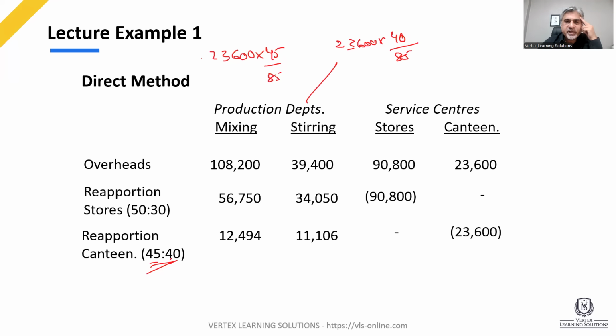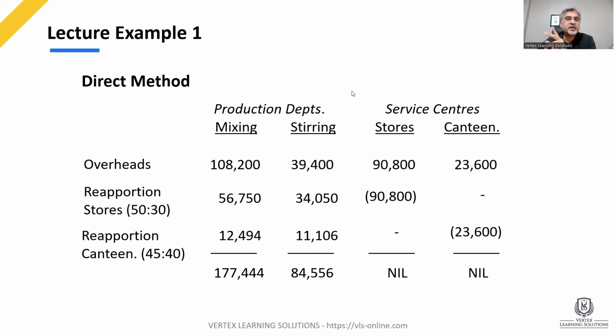So stores become 0, canteen becomes 0, and the overhead which was for store and canteen was transferred to the two production departments. Now, if you remember in the very beginning, we calculated the sum total of these four. That was 262,000, if I'm not mistaken. And when you make a total of these two, it will also be 262,000.